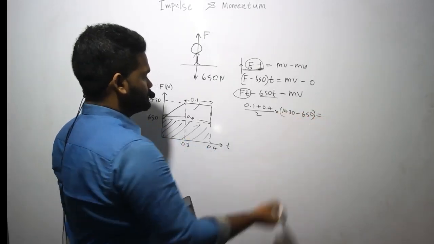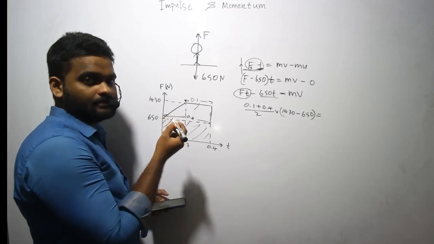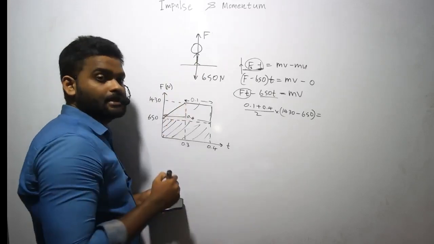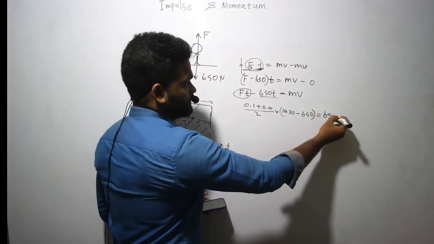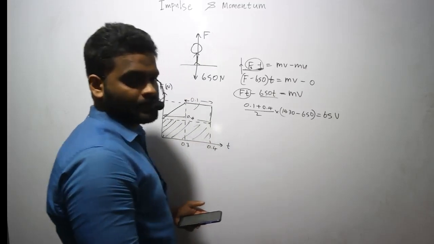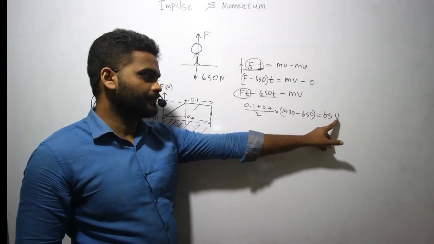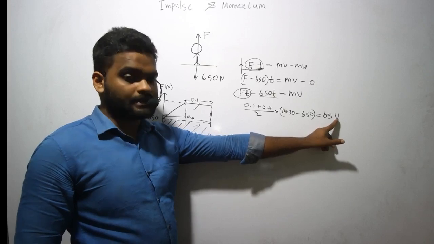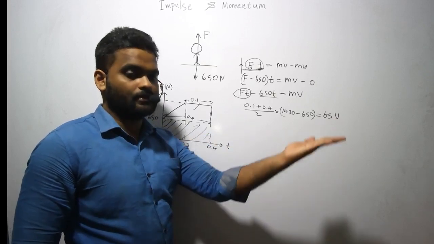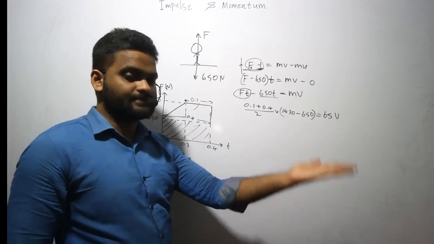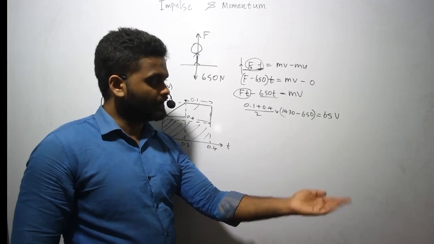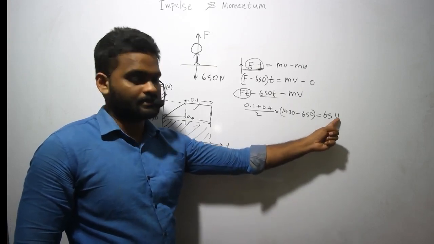So this is equal to the mass of the person times v. The mass of the person is 65. So if you divide by 10, you can get 65 kilogram. And you have v. So from v, you can get the velocity as he leaves the floor, the moment he leaves the floor. Whatever the velocity you get here.